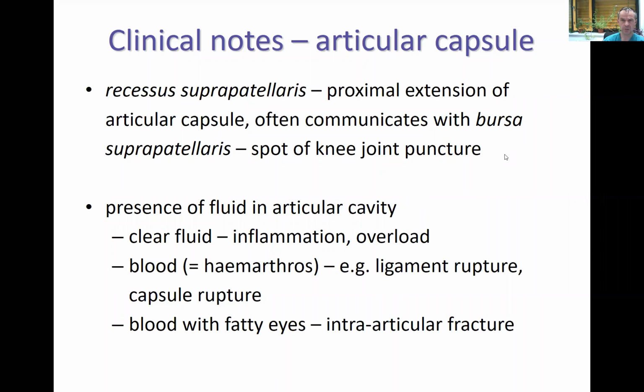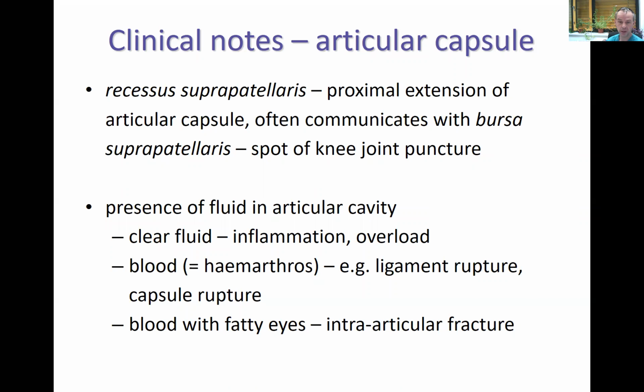Okay, some clinical notes before we close the topic of the knee joint. You know that the suprapatellar recess is a spot of the knee joint puncture, and that it often communicates with the suprapatellar bursa. And the puncture allows us to get a fluid. When the fluid is clear, it can contain, of course, cells during inflammation, white blood cells, or bacteria.